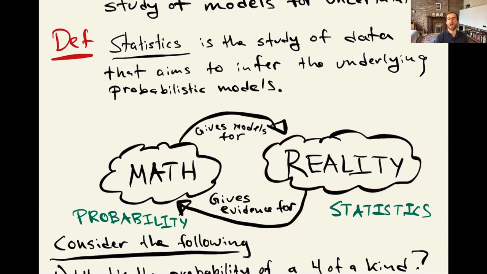Even though math is generated by humans, flawed humans who need to make assumptions and then use their own particular notation or ways of thinking, nevertheless, we see this surprising fact that people who are separated by cultures and time and who speak even different languages end up coming up with the same models for reality because they study reality and they see ways of modeling it. And then this process just continues again and again. As we know more, we can come up with more models and so on and so forth.